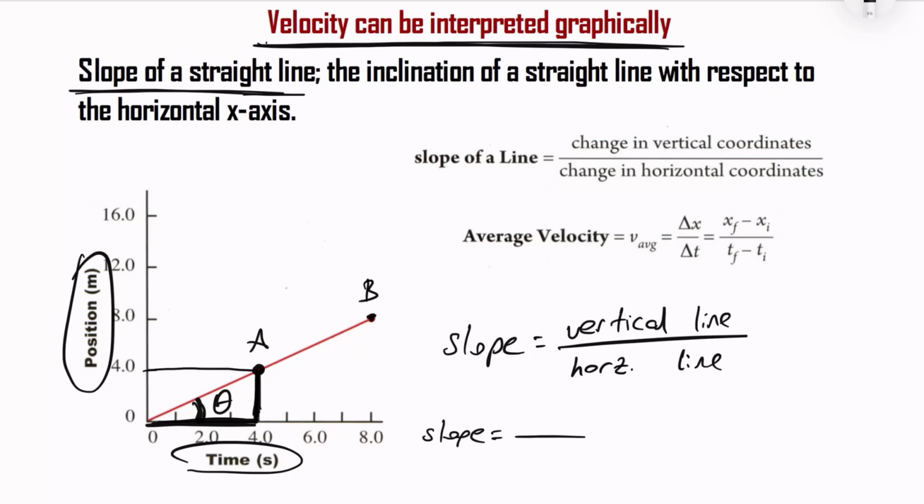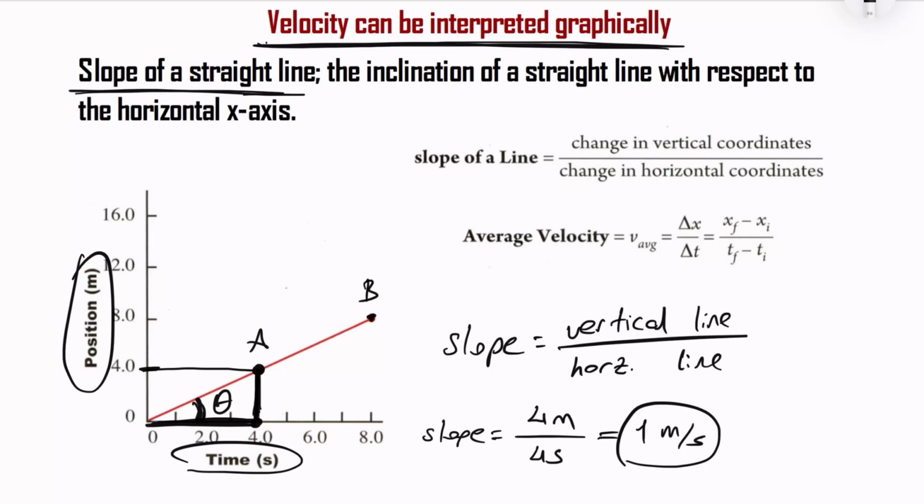The vertical line is 4 meters. And what is the horizontal line? It is 4 seconds. So the slope gives us 1 meter per second. So the average velocity of this car is 1 meter per second.